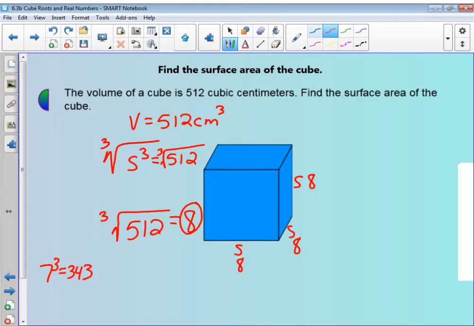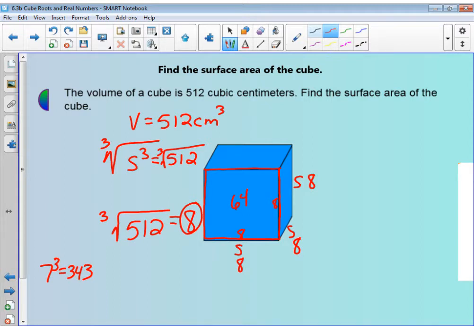Okay, they want us to find the surface area. So we're going to find the surface of one side. And now that we've reviewed how to do surface area, we can take that times 6 because there are 6 sides that are the same. So if I want to find the area of this face that's red, well, it's 8 by 8, which is 64. And how many sides are on this cube? There would be 6.